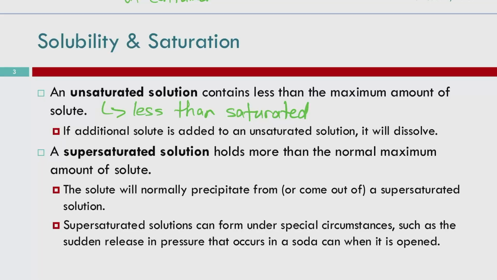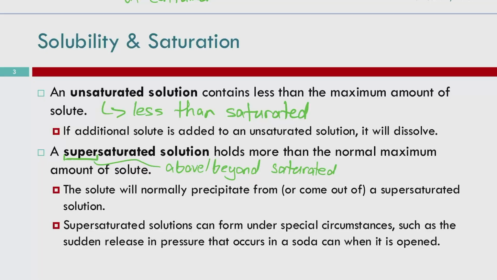There's also another term for solutions, a supersaturated solution. A supersaturated solution goes above and beyond the normal saturation limit. And you might think to yourself, how is that possible? We just said that saturation is the limit. You can't go over the limit.